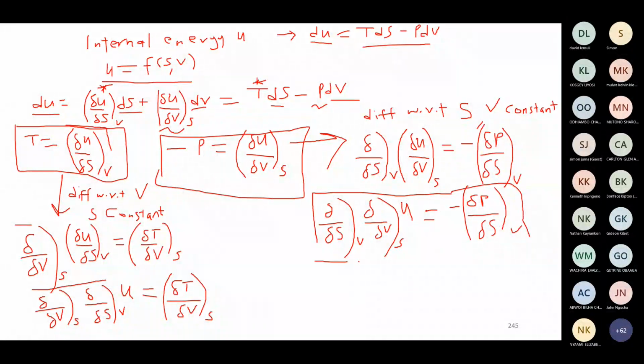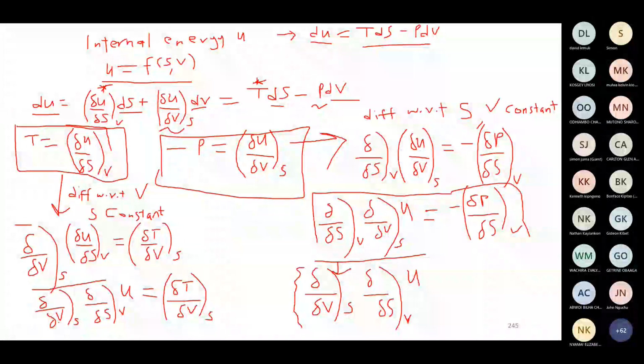This part of the expression here, the left-hand side, you can swap the differential so that it becomes d dv at constant S, and then d ds at constant V of U. So notice that this part of the expression now becomes the same as the left-hand side of this other expression we had ended up with.